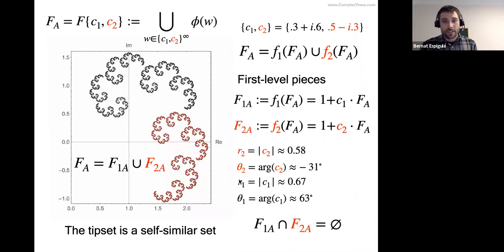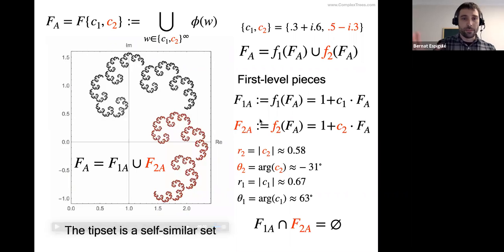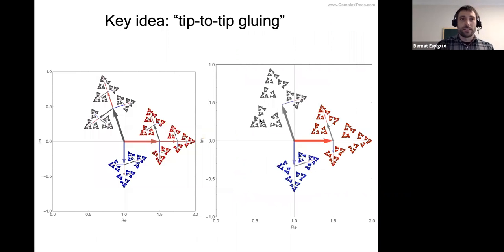In this case, the red piece F2 and the black piece F1 are disconnected, and that's a way to prove that it's a Cantor-like set. But what I found is that you can impose gluing different tip points together, and that's going to give you some examples of connected self-similar sets.